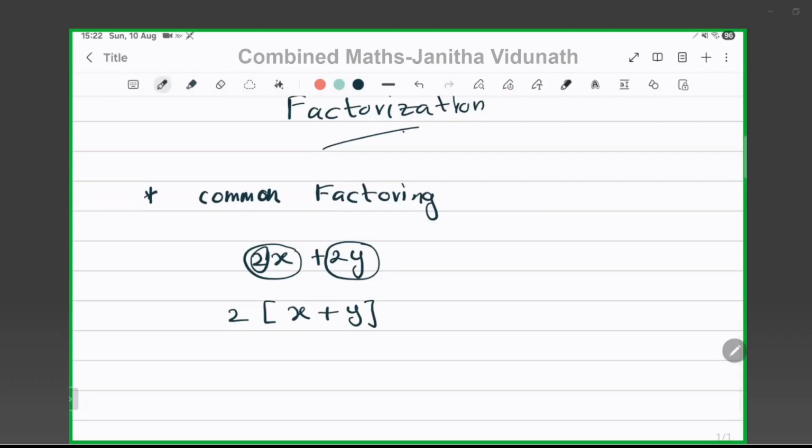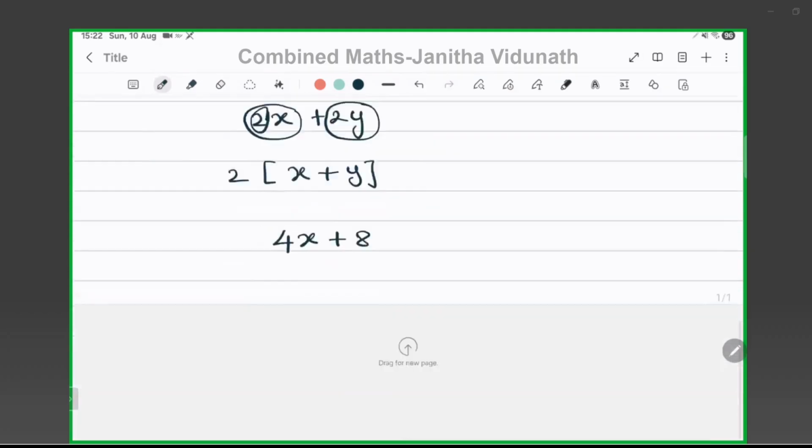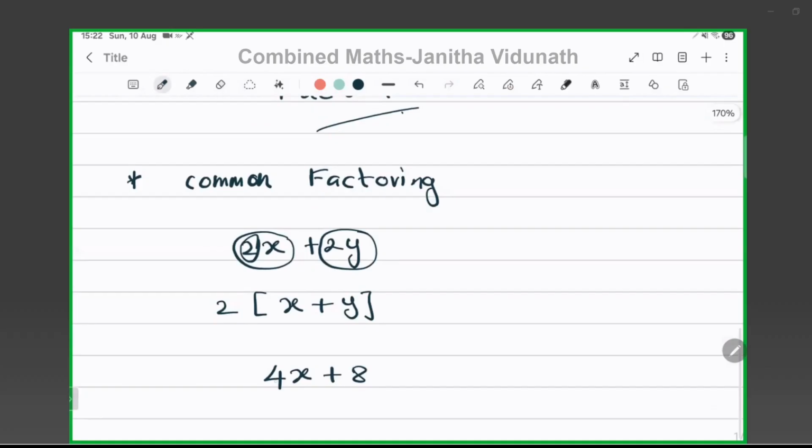Let me give you another example. Now, we have 4x plus 8. Here both terms have the common factor of 4. Then we need to take it out as a common factor.